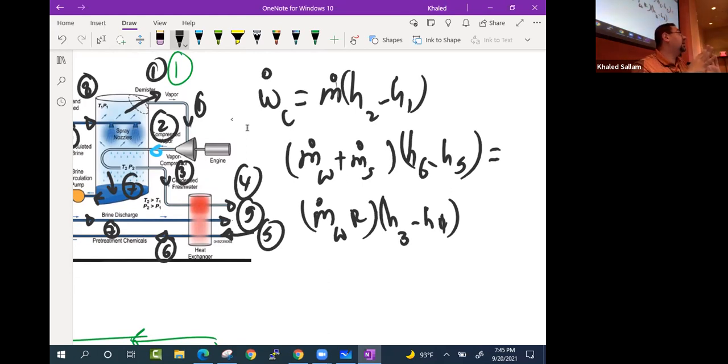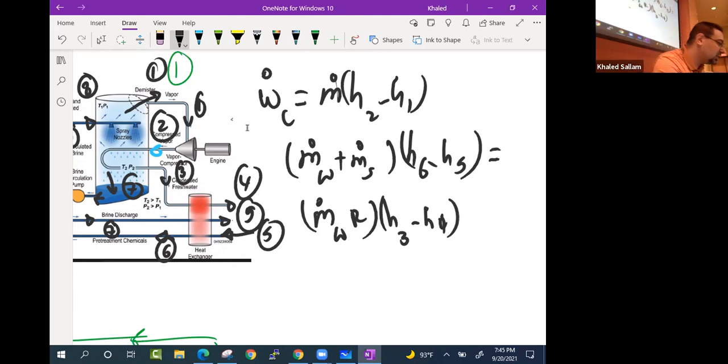If you want to write it like the first law of thermodynamics, which is what I always like to do, it would be sigma m dot out h out minus sigma m dot in h in equals 0. And you can just write it even blindfolded. You don't really need to see who is who. Here are all the outlets, minus all the inlets. Okay, and that will work too.